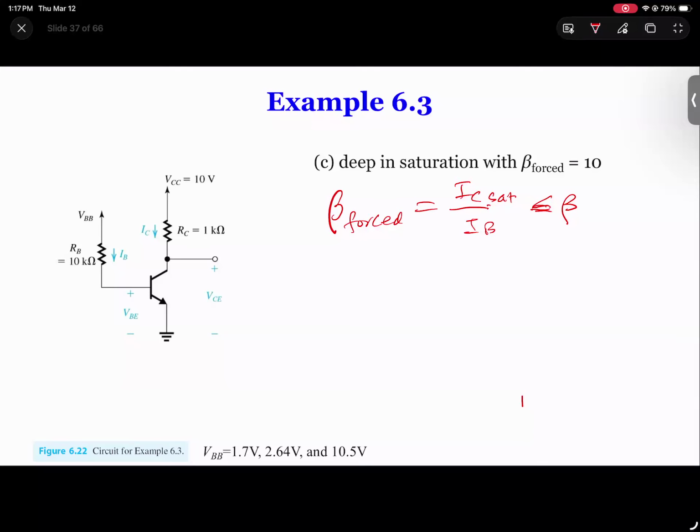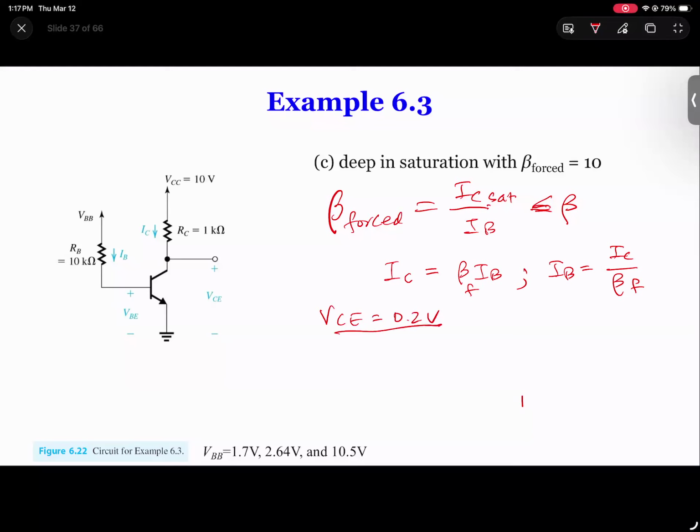So beta forced is 10 means IC is equal to beta forced times IB, or you can say IB is equal to IC over beta forced. Now, since it's in deep saturation, we know that VCE is 0.2. That was given from the problem.